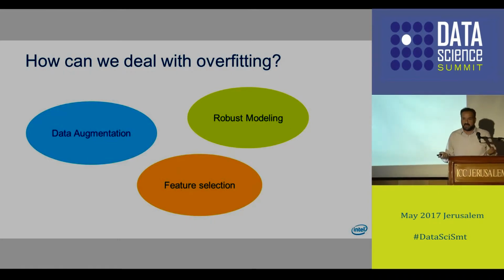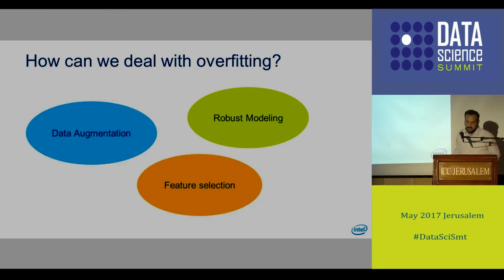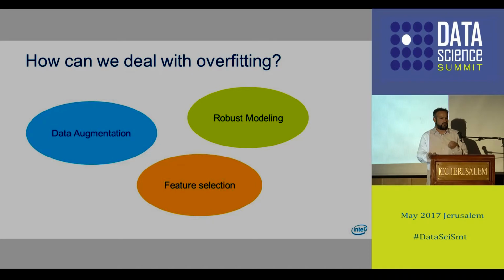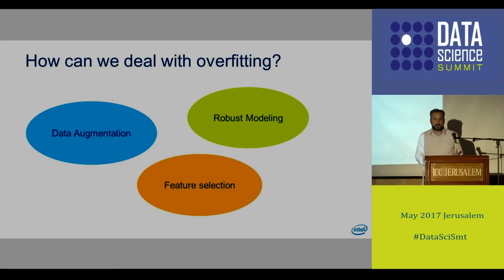If you can get access to more data, why not? Second, you can use models that are less prone to overfitting the training data, more robust. And third, you can simply reduce the number of features in an appropriate way to reduce the noise introduced by rogue features. So I'm going to go over a few of our experiments in these three methods.